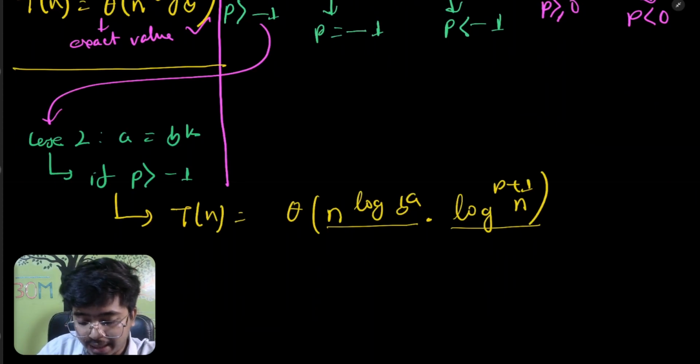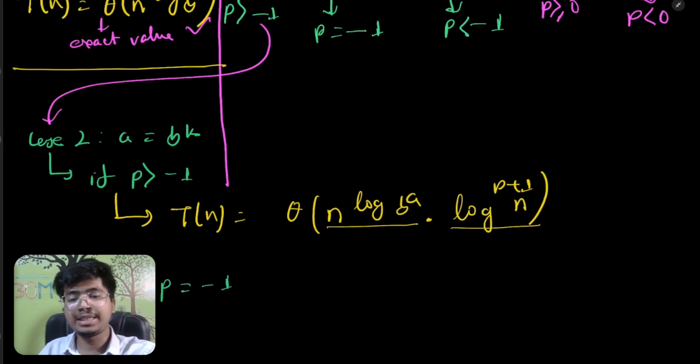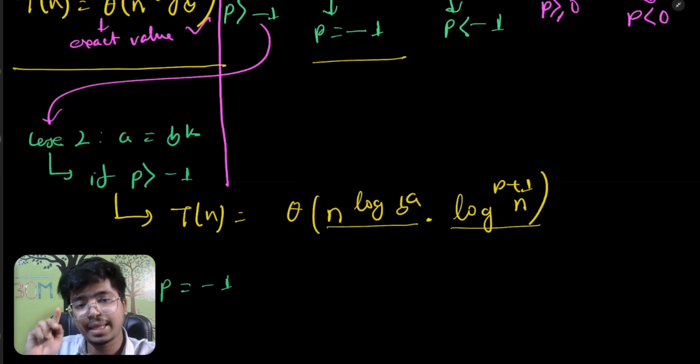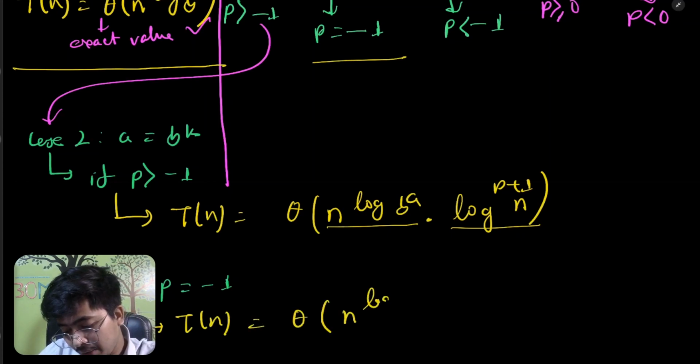Now if it satisfies the second case, that is p equals -1, then the time complexity will be theta of n to the power log a base b into log of log n. So if p is -1, we are inside the second condition, then T of n will be theta of n to the power log a base b into log of log n.